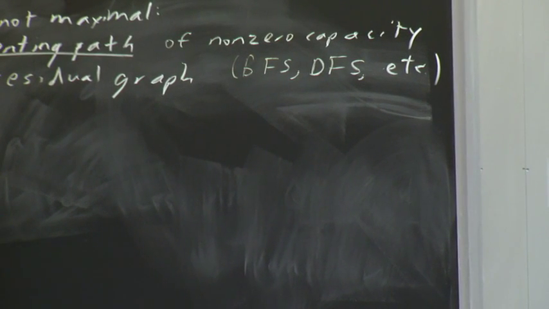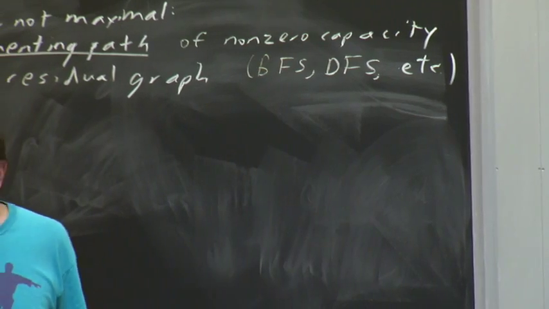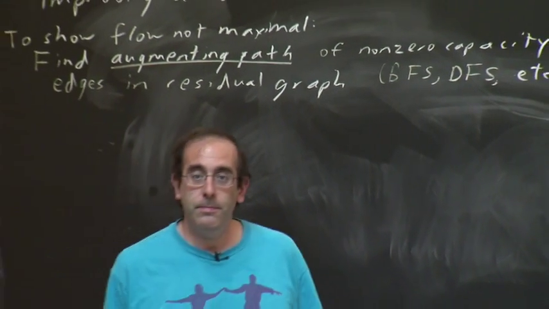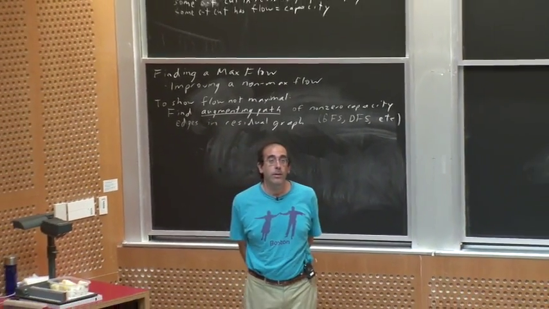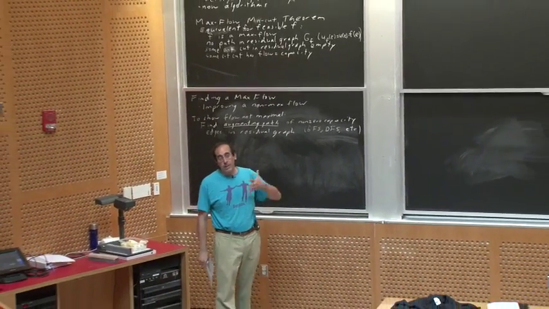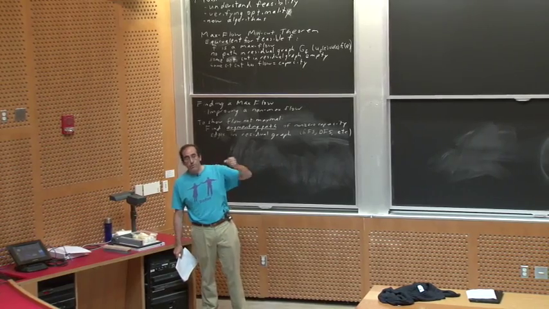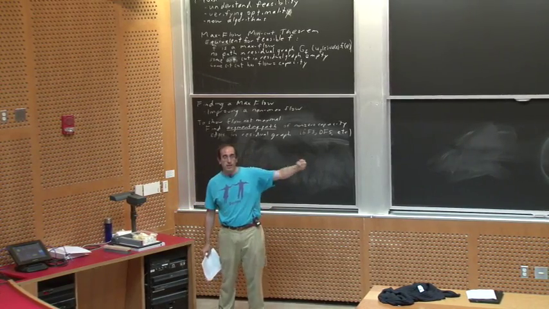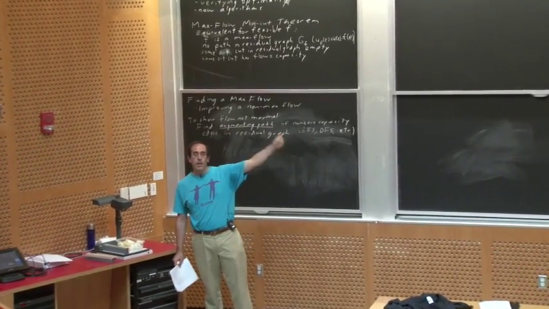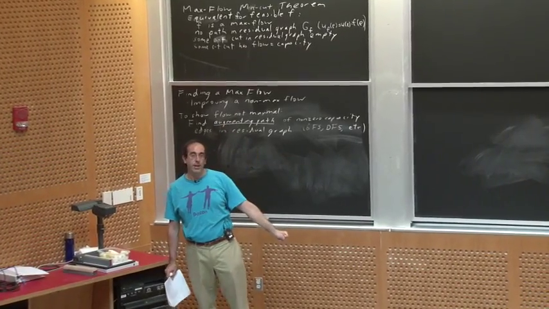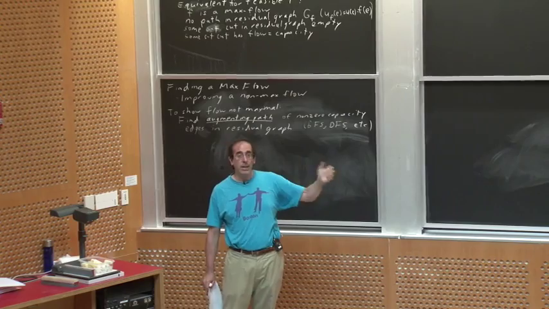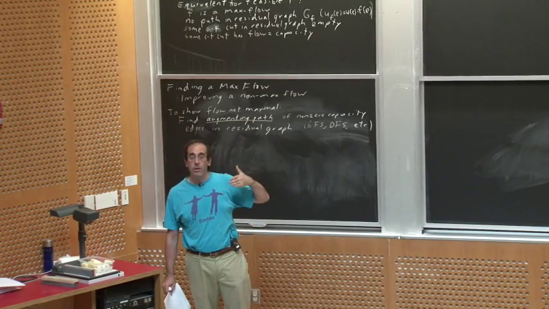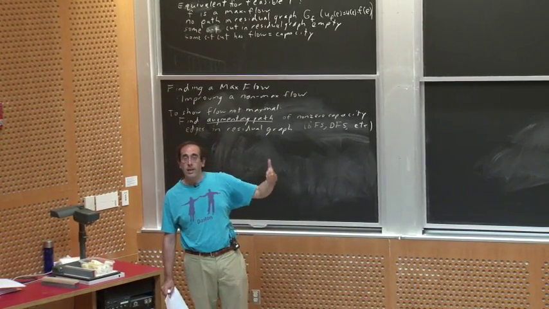And why do I know that I can find one? If I can't find one, it means that my search, my BFS or DFS, gets stopped before I get to T. And so there's some set of vertices that I can reach on this search and others that I cannot reach. That divides the graph into two groups, which define an ST cut.